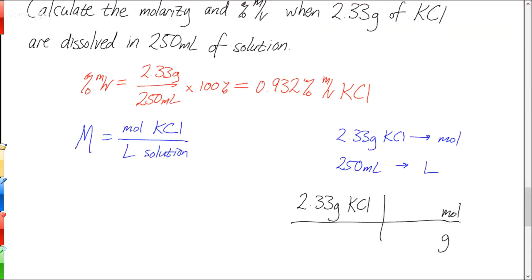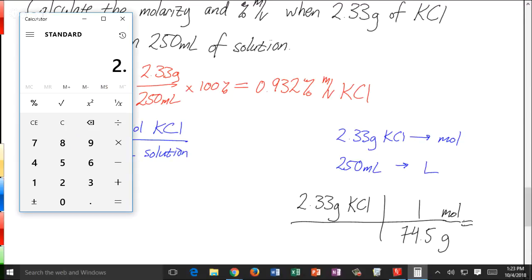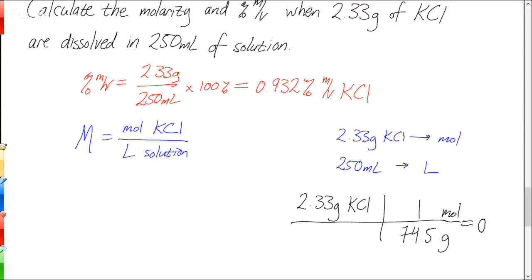Okay. So 74.5. 0.031 moles of KCl. 312, but I ran out of room.